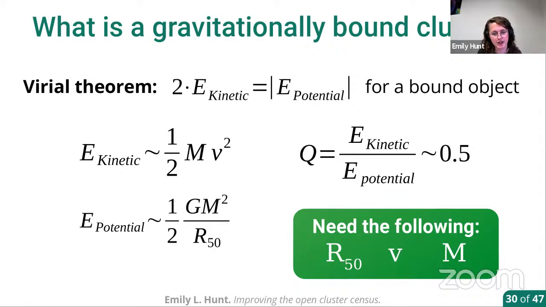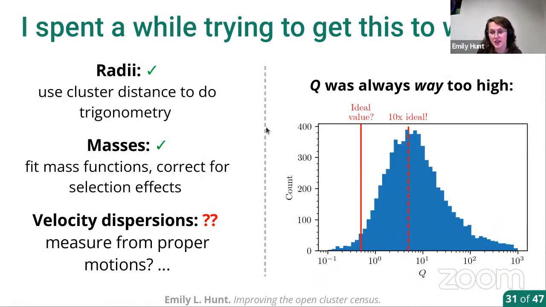There are three ingredients that you need to measure: the cluster radius, the cluster velocity dispersion, and the cluster mass. I tried to do this in practice, and the radii are not too bad. We use the cluster distances that we have in the catalog, do basic trigonometry, and you get a radius that's easy. Cluster masses are not so easy, but still doable.